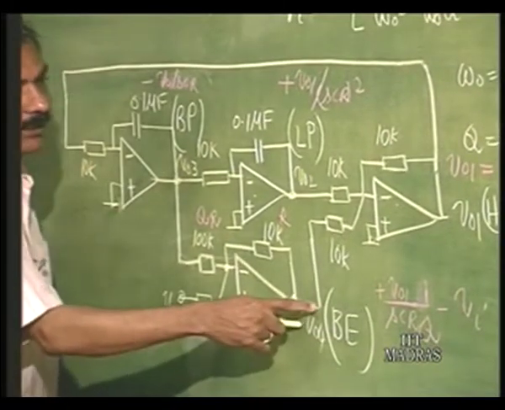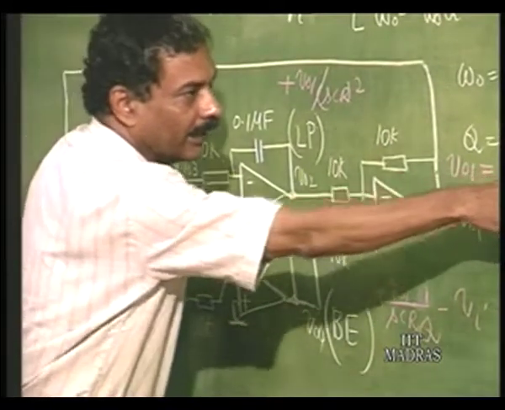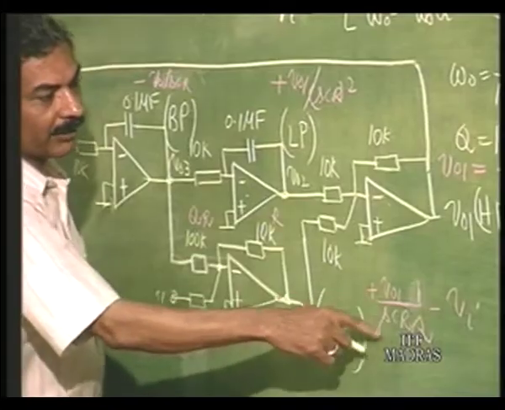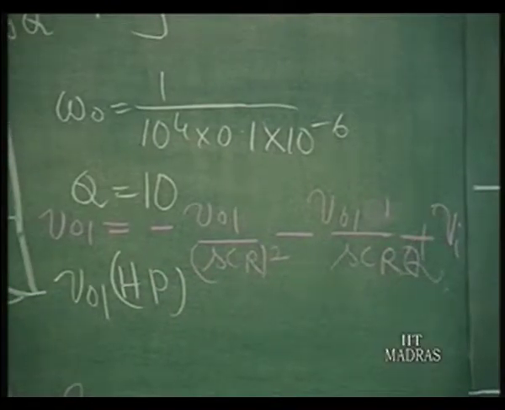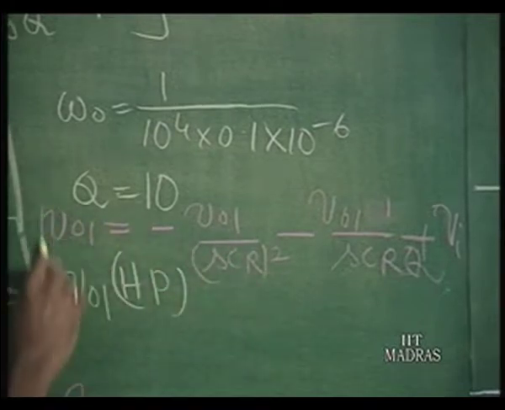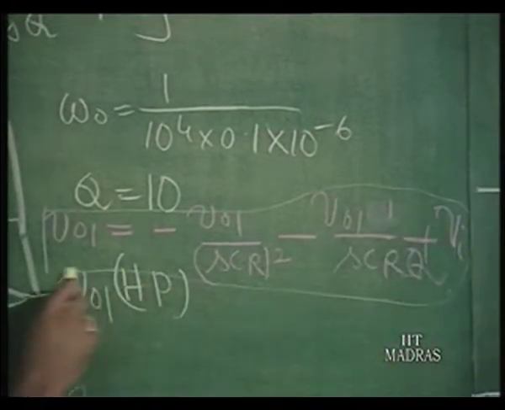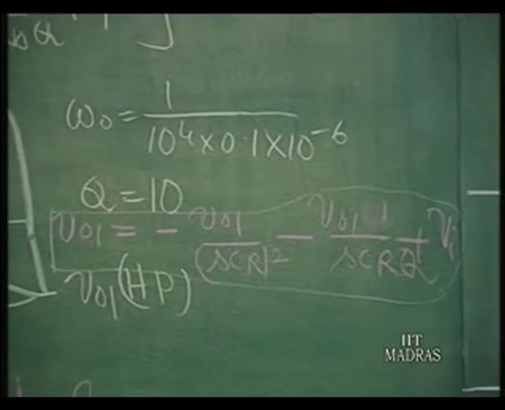So, this is again inverted and is going to appear here as minus V naught 1 by SCRQ plus Vi, and from here we have V naught 1 by SCR squared. So, this is what is going to be the equation for deriving the transfer function.